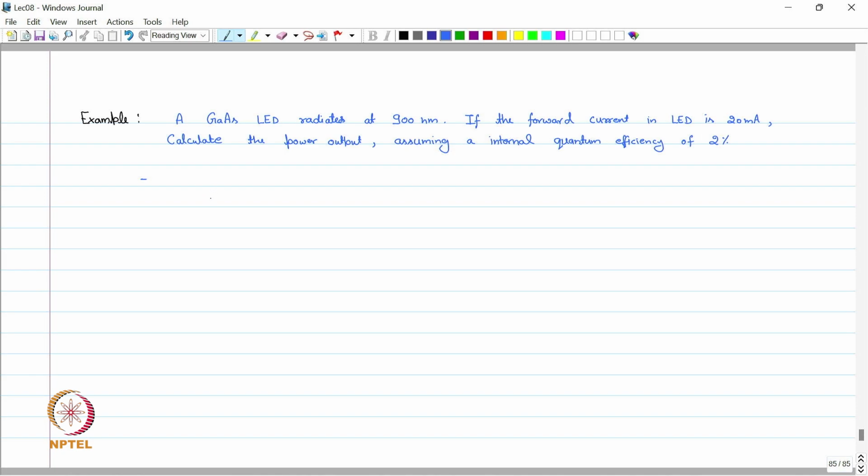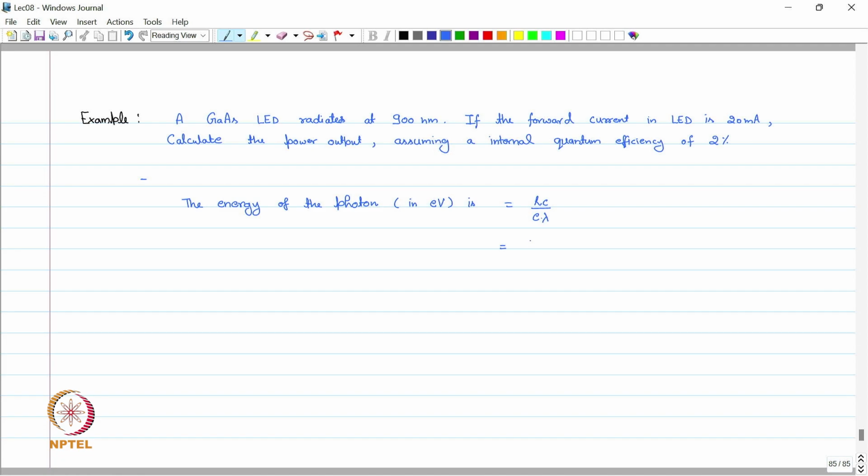The energy of the photon we calculate first. In electron volts it is hc upon e into lambda.